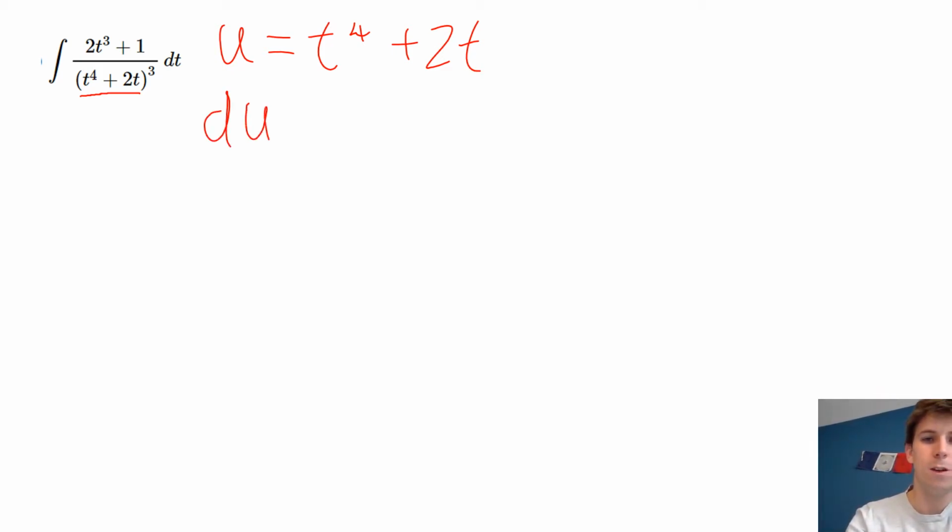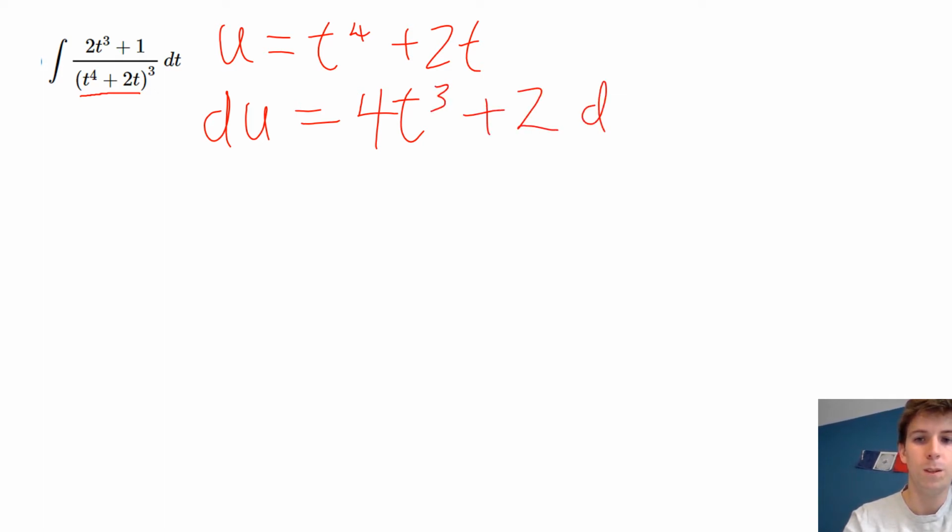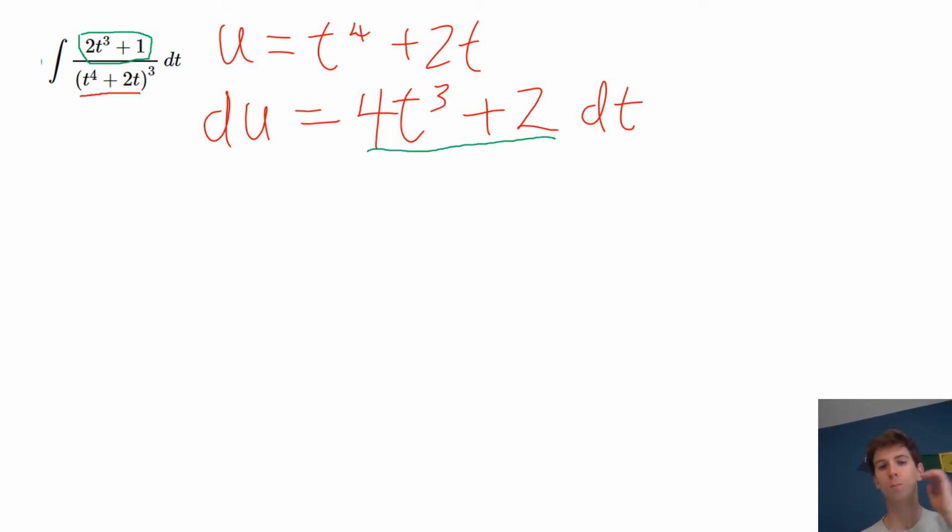That's just taking the derivative of t to the fourth plus 2t, which will just be 4t cubed plus 2 dt. All right, so we notice that up top in our integral, we have something very close. We have this 2t cubed plus 1, and here we have 4t cubed plus 2.